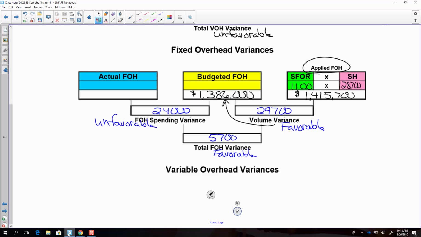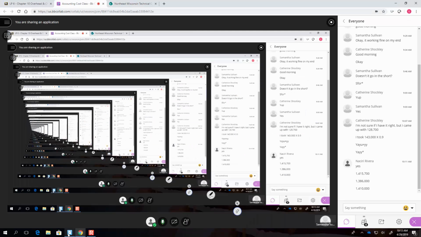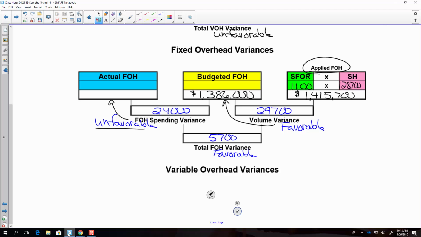And if it's unfavorable for the spending, what's the left number? 1,410,000. Excellent. Perfect.